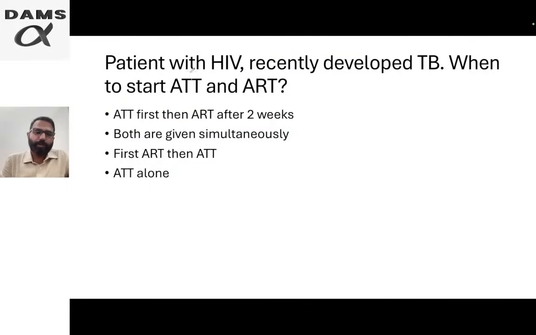Okay, one of the very important topics, HIV and TB. We have done separate short courses for HIV and TB. A pregnant patient with HIV recently developed TB, when to start the ATT or ART, this type of case was given. We have discussed so many times that in a patient of HIV having TB, first we need to start the ATT and then we need to start the ART.